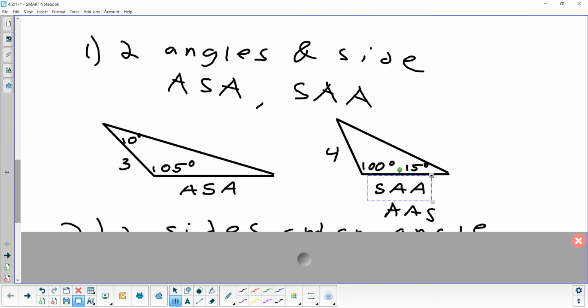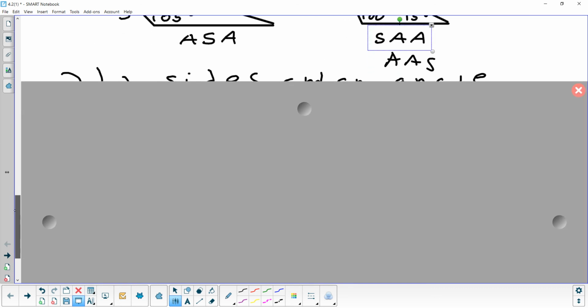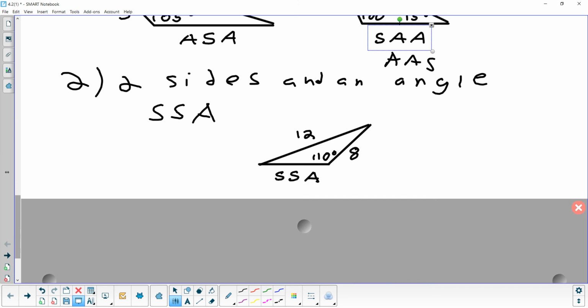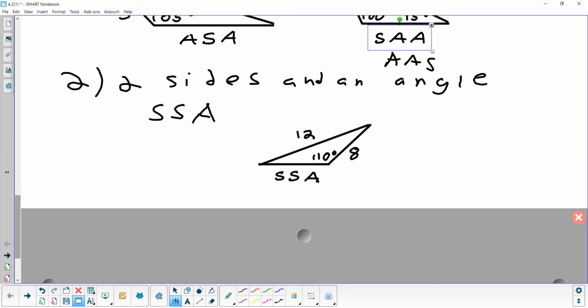Okay, so that's 2 cases that we're going to use for law of sines. We're going to do one of each of those today, and we're going to do one of these. This one is a little different. This time it's 2 sides and an angle. And it's very important that the angle that they give you is not between the 2 sides. It cannot be where the sides meet.